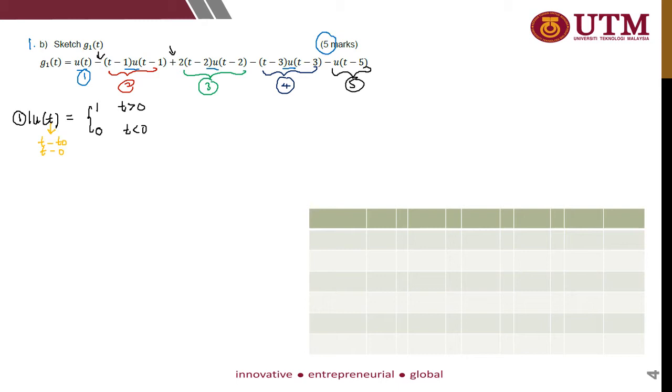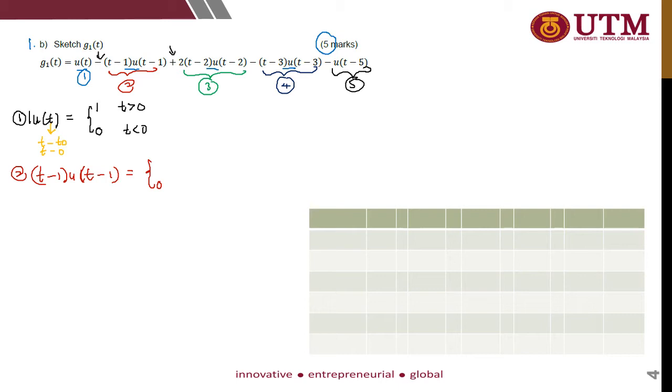Next, consider the second component. I should use the same color as the component number. For the second component, just get the main component without the operation. So it's (t minus 1)u(t minus 1). Again, the 0 and the maximum magnitude.